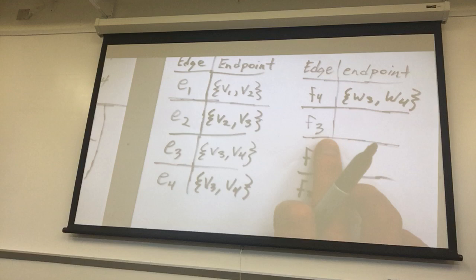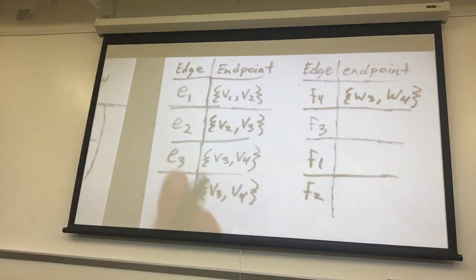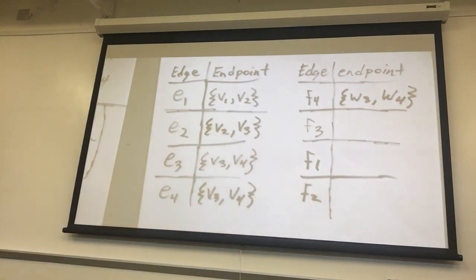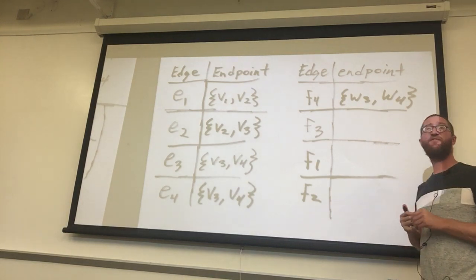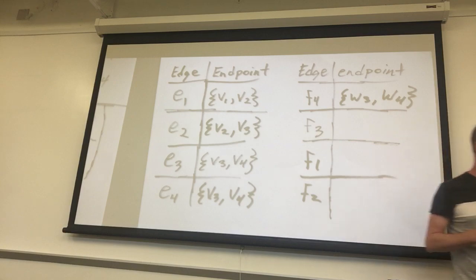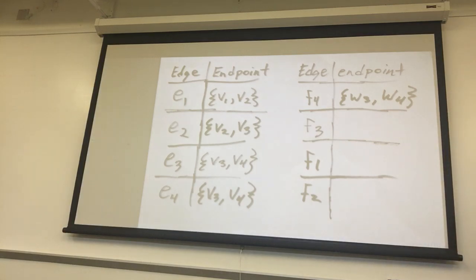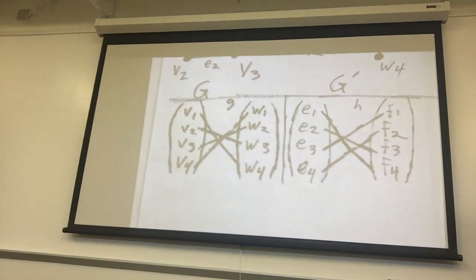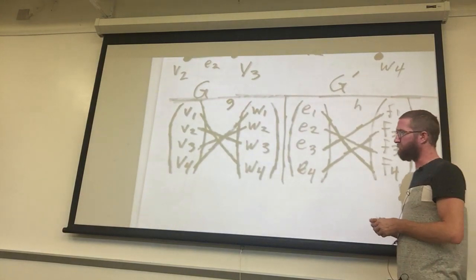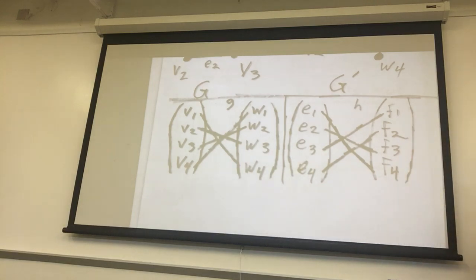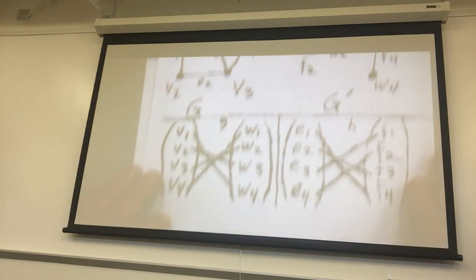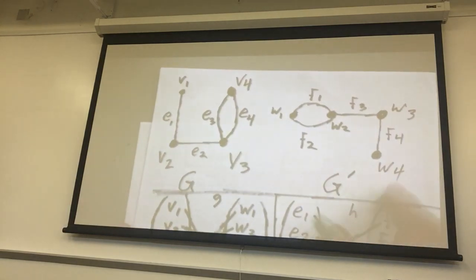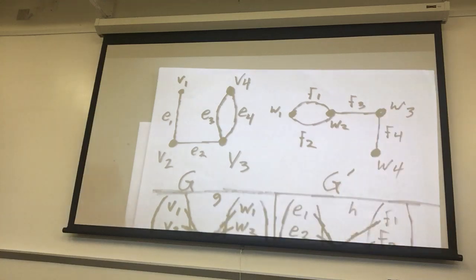Now, F3, according to this statement right here, edge 2 is going to correspond with the second vertex and the third vertex, V2 and V3. If I look back at my mapping relationship, V2 and V3 correspond with W2 and W3.